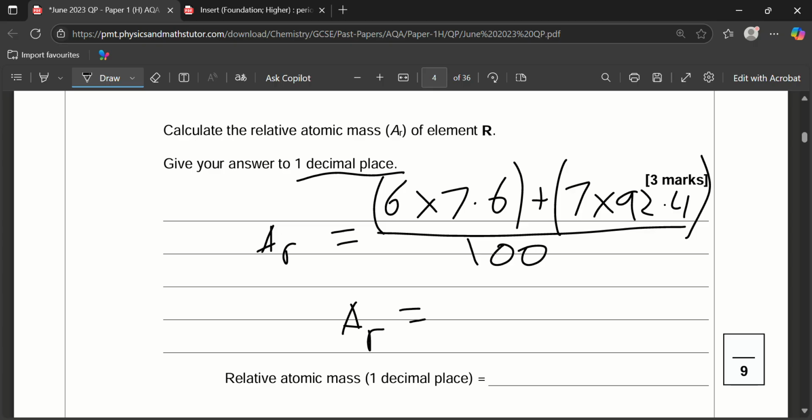And our Ar value will come out as, after we throw it into our calculator, bear with me a minute, 7 times 92.4, that's the sum, divided by 100. Okay guys, we have a number of 6.924, but since it's to one decimal place, it will just be 6.9.